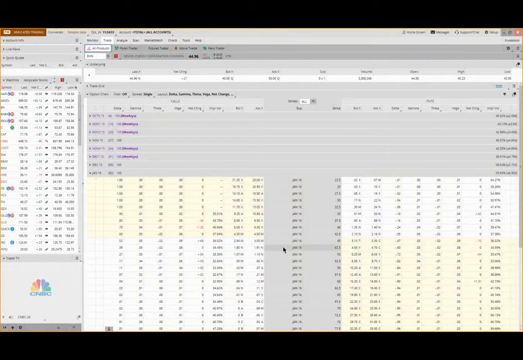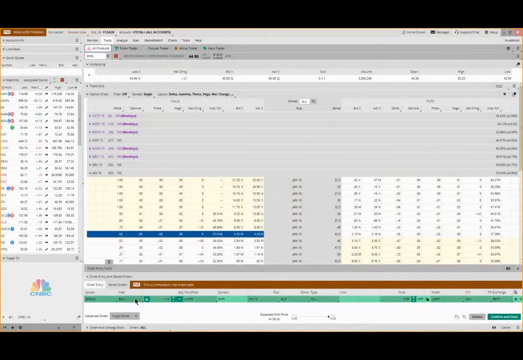January has 83 days to expiration. Let's go out here and let's just go slightly in the money. The 42.5 has about a 65 delta. We always like to go close to 70 or so. Let's choose the 42.5 call here, okay?